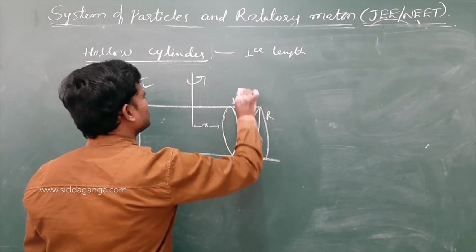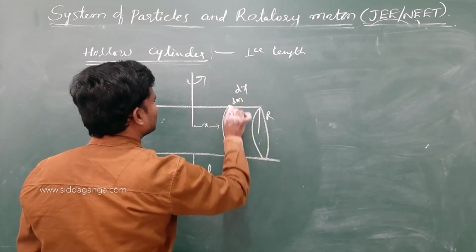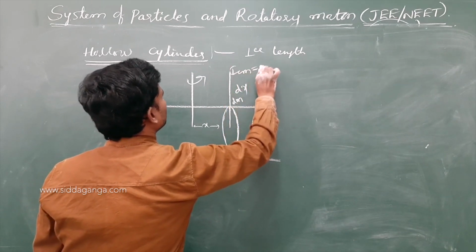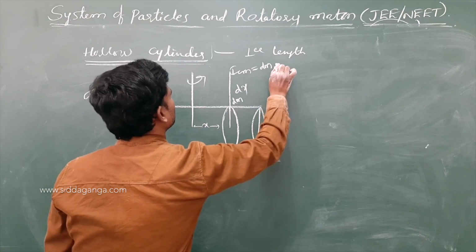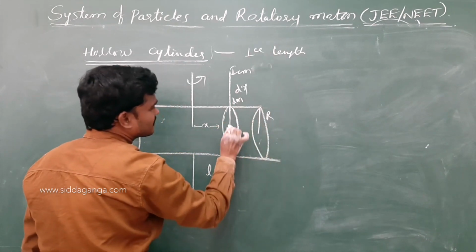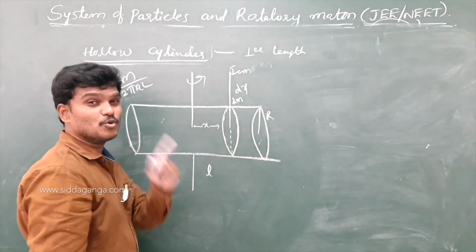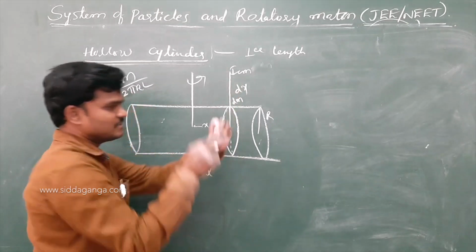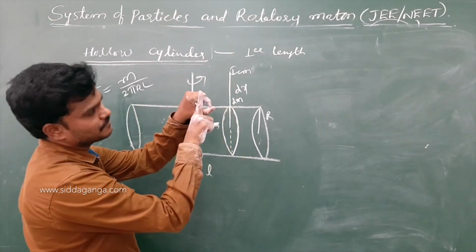If I take a small part, mass is dm, thickness is dx, and r is the radius, and this is ICM. ICM is equal to what? dm into something. So ICM is about the diameter. For a ring about a diameter, the formula is mr square by 2. This is the ring and this is the diametrical line.